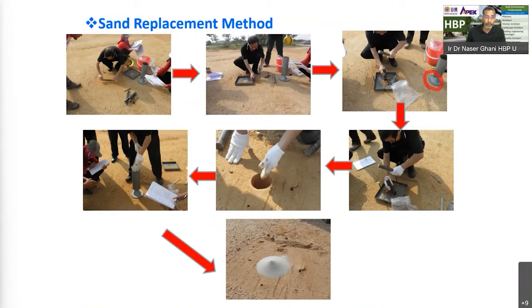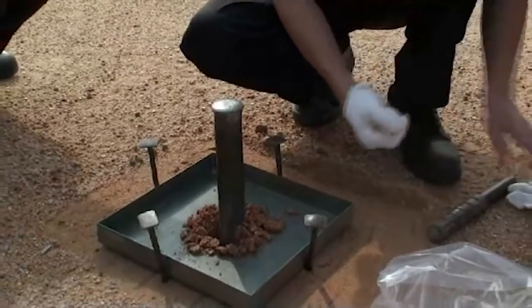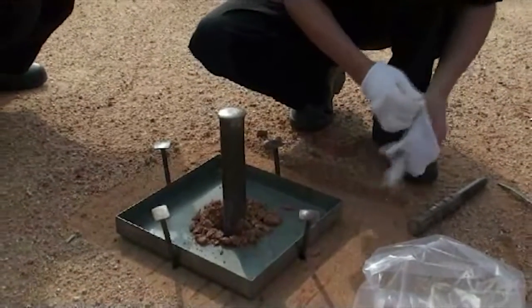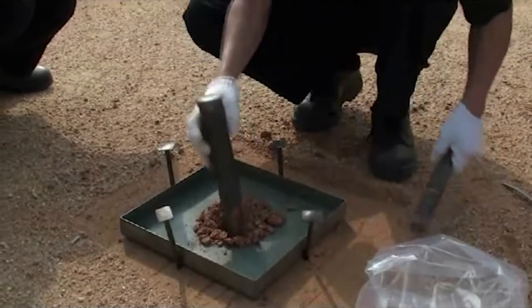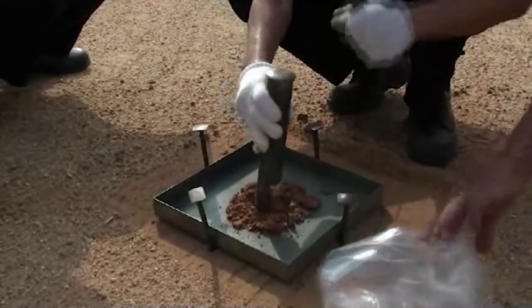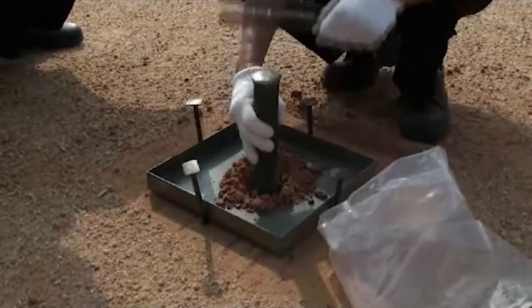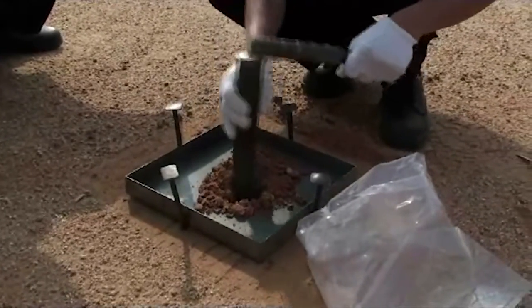Now once you have collected all the soil, you keep it in a plastic container like this for weighing later on. Remember, we need to get the weight to find the volume.